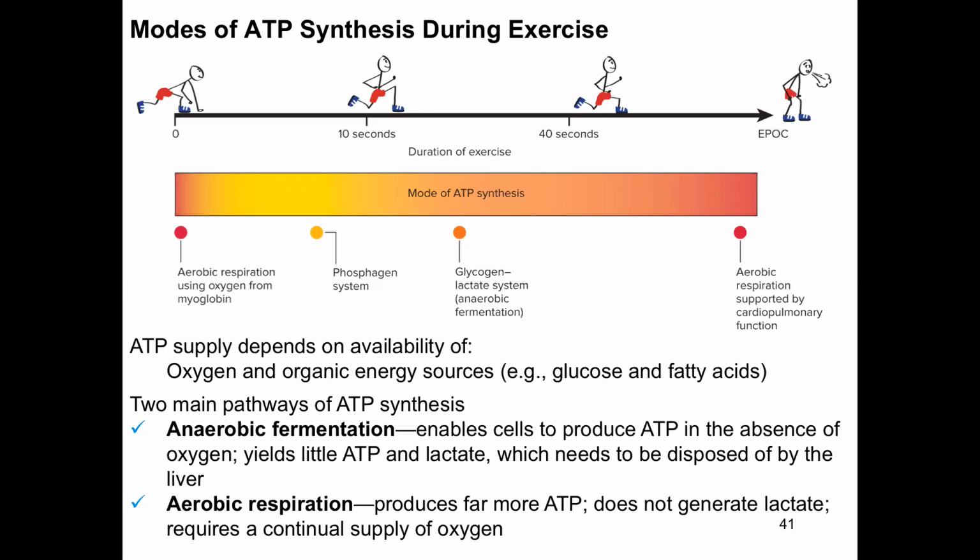Then the next thing that the cell will do is try to recycle ATP using something called the phosphagen system. Basically, it's going to take phosphates off of other stuff and put it back onto ADP. All right, so we'll talk a little bit about that. Then, if the cell runs out of oxygen, it's going to start fermenting.